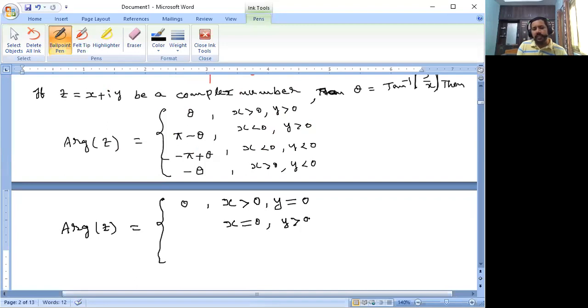That means this is the positive y-axis. The complex number lies on the positive y-axis means argument of z is pi by 2. Now x less than 0 and y is equal to 0. That means this is the negative x-axis. On the negative x-axis, the argument of z is pi. Now x equal to 0 and y less than 0, negative y-axis, the argument of z is minus pi by 2.